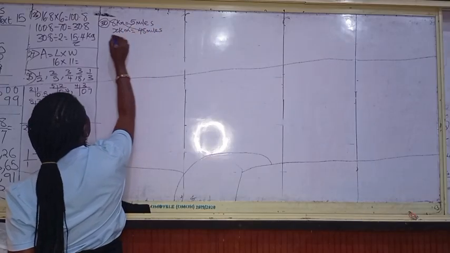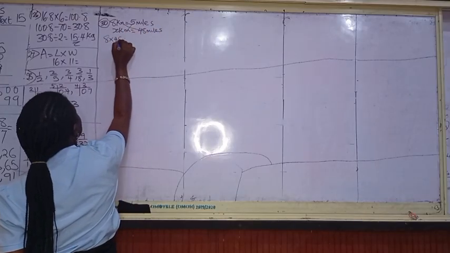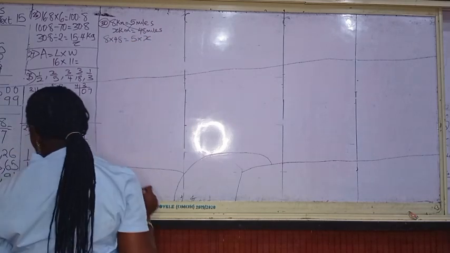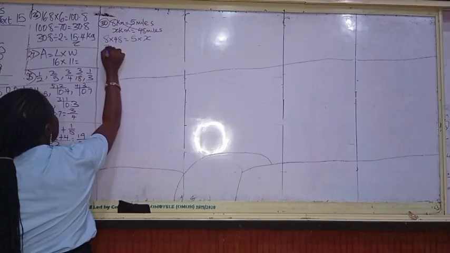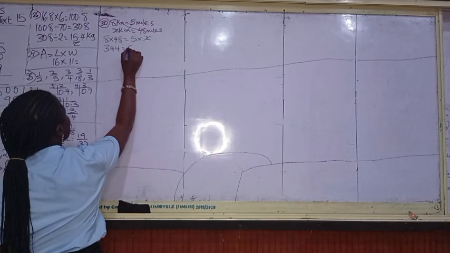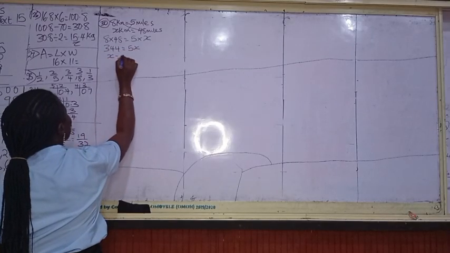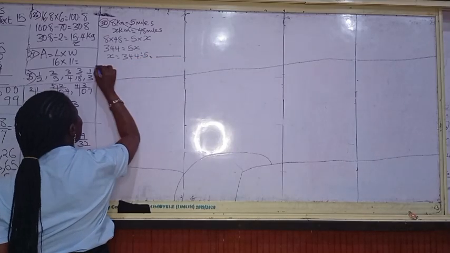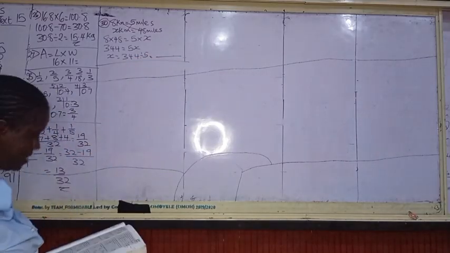So let's cross multiply. We have 8 times 43 is equal to 5 times x. 8 times 43, that is 344. 344 is equal to 5x. x is equal to 344 divided by 5. So do well to put the answer in the comment section.